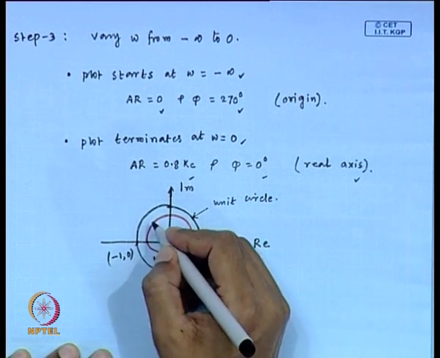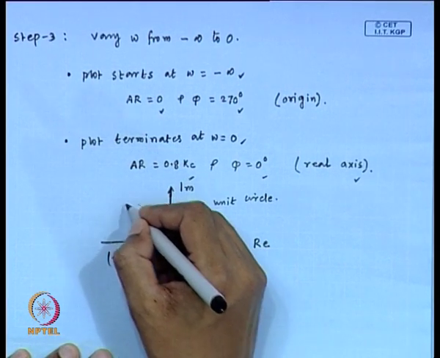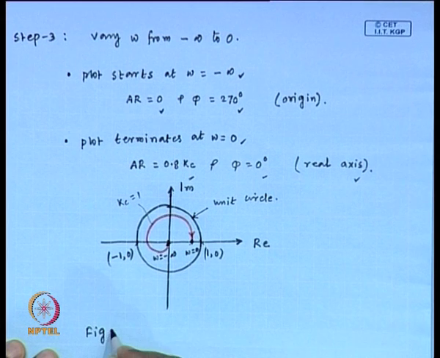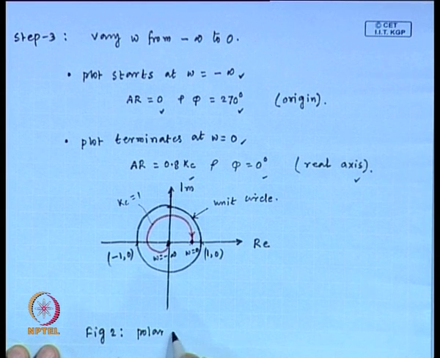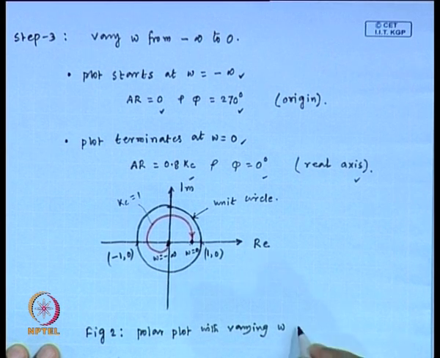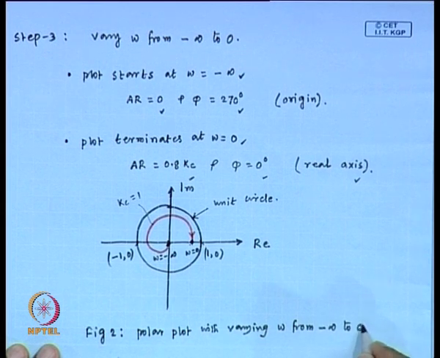So, this plot we obtain when Kc equal to 1. This is suppose figure 2, polar plot with varying omega from minus infinity to 0.